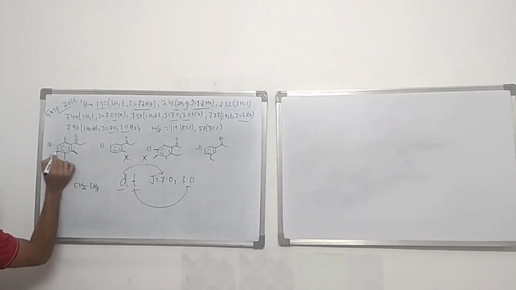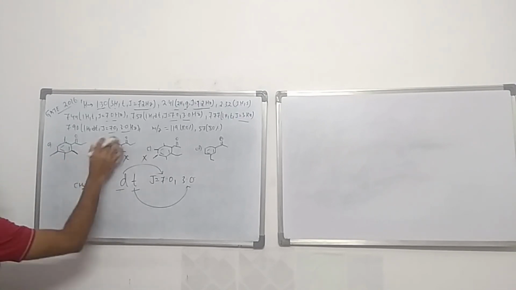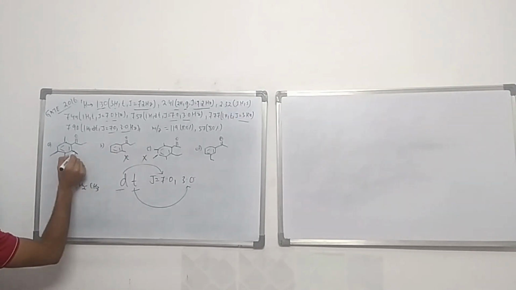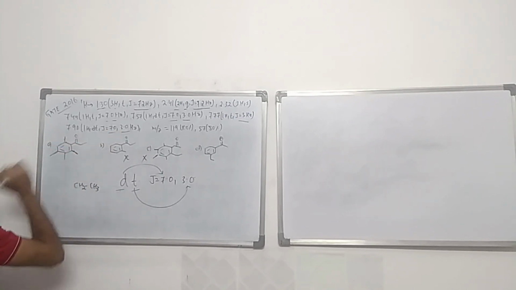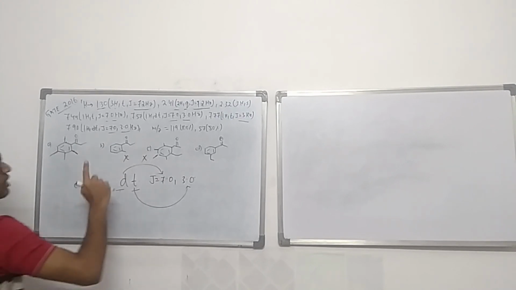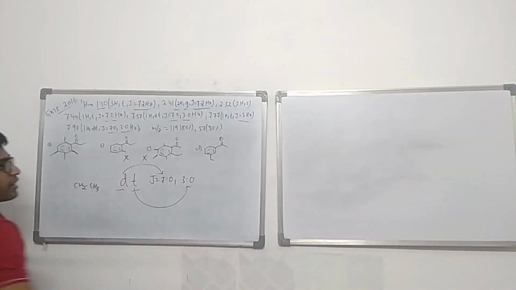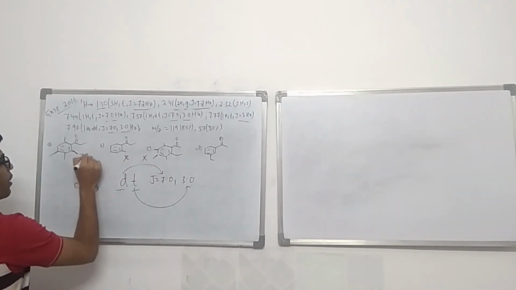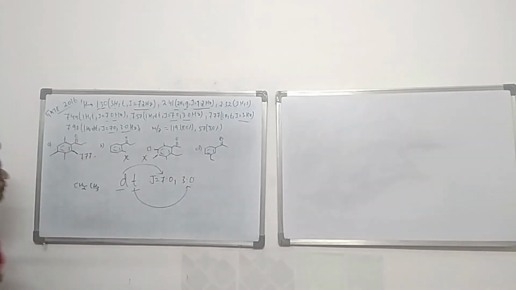So in this particular case, there are 2 meta couplings with these 2 and no ortho coupling. So it should have only meta coupling. That means this signal at 7.77 has only meta coupling.